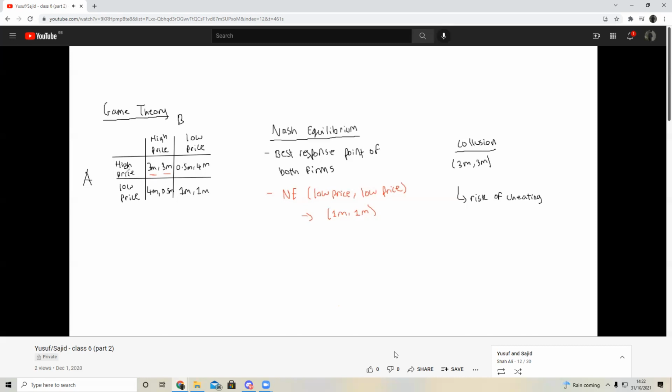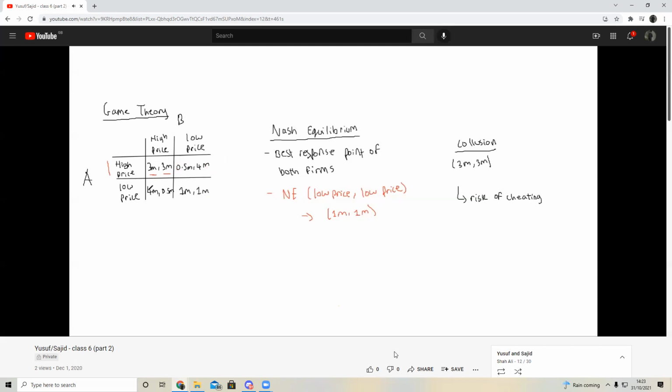If firm A sets this high price here, then firm B has a choice between 3 million and 4 million. At some point, firm B might choose to cheat, go away from the collusive agreement at 3 million, and try to benefit itself by going for the low price.